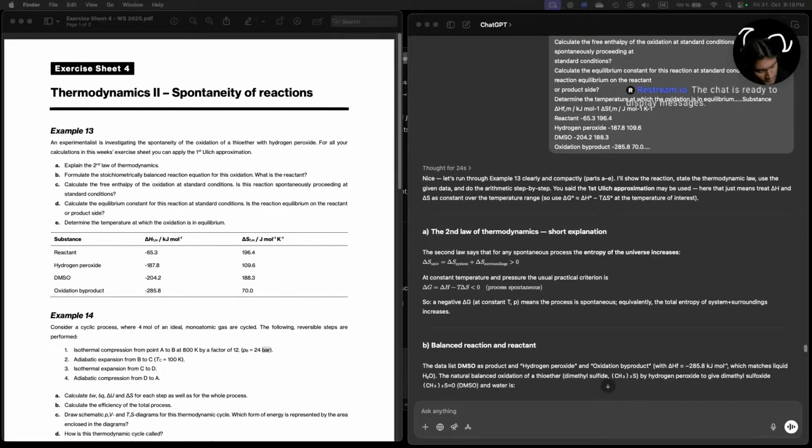And this would be example 14 or 13. No, 13. How do you write 13 in Roman letters? XIII. Yeah.